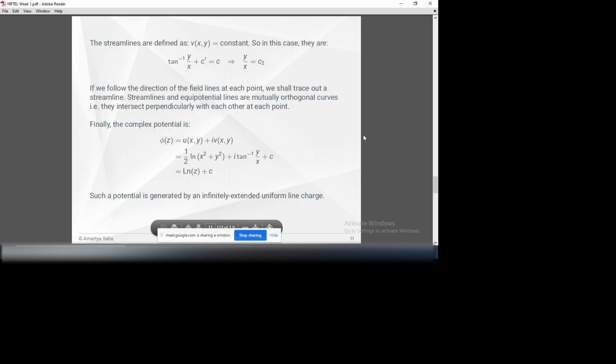So we are left with log z equals log r plus i theta. And theta is tan inverse y by x, so that is the argument of the complex function. And r is root over x squared plus y squared. So that is how you can derive this formula. So this real function leads to the complex logarithm.